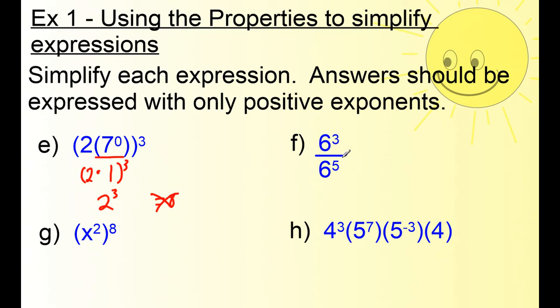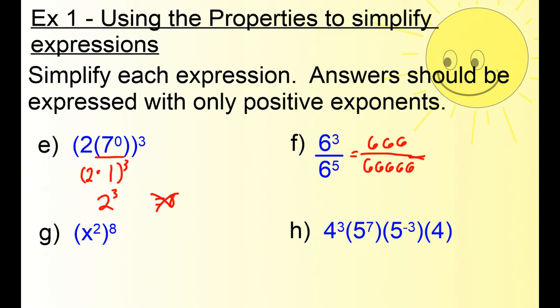Okay. Letter F. 6 to the third power over 6 to the fifth power. Well, the way that I would do this is I would start canceling. I've got 3 6s on the top. Again, I'll write this out for the folks that need it. 3 6s on the top and 5 6s on the bottom.